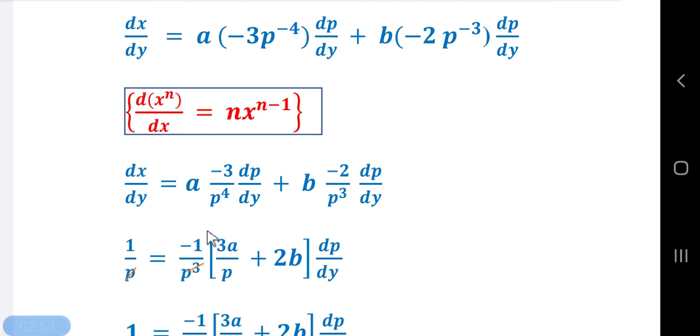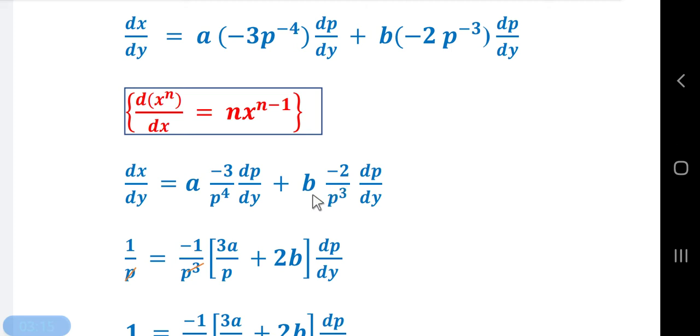Taking minus 1 by p power 3 and dp by dy, we are taking these terms outside. The remaining will be 3a by p. From here we are taking minus 1 by p cube, dp by dy out.